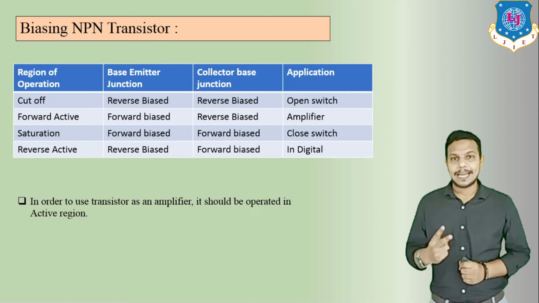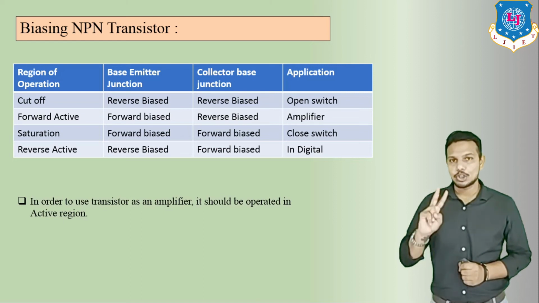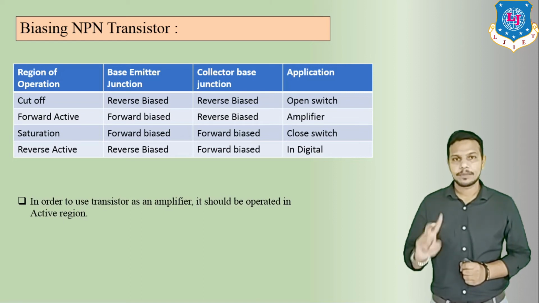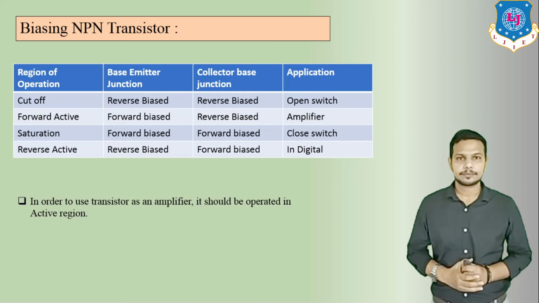With two batteries, we have to study four different types of operations, because there are two biasings: one is forward bias and the other is reverse bias. That's why we have four possibilities: forward-forward, forward-reverse, reverse-forward, reverse-reverse.